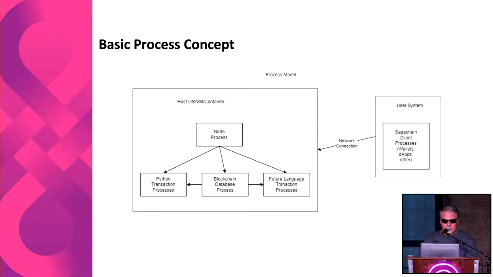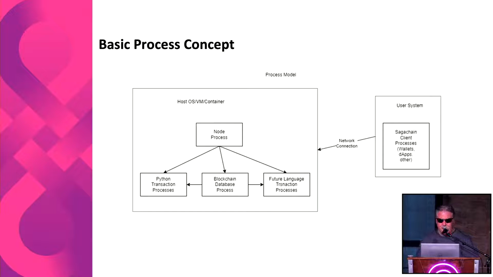The node receives the transaction script, which is SagaPython code, and executes it inside what is actually a Python program. It also interacts with the object state database, written here as the blockchain database process. If anybody wants details, I'm actually using LevelDB as the database internally at the moment.